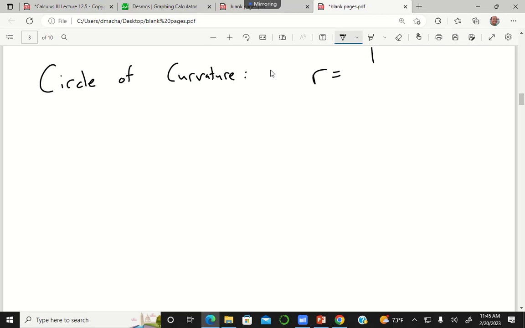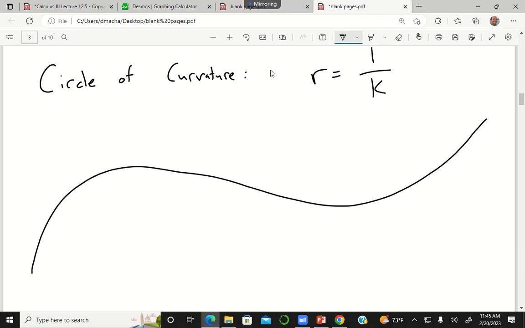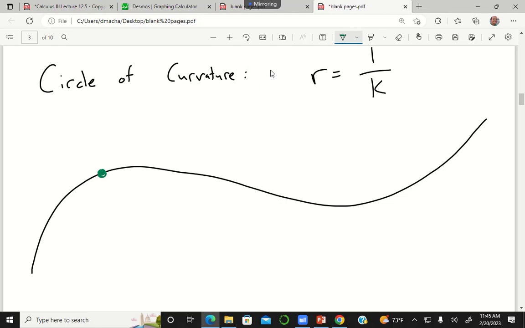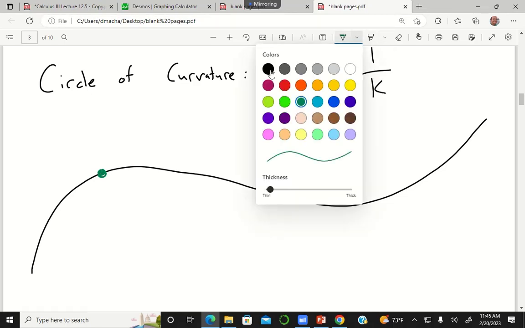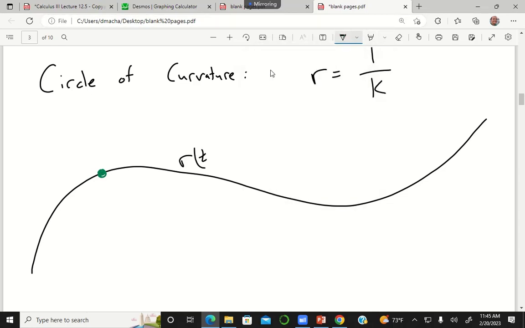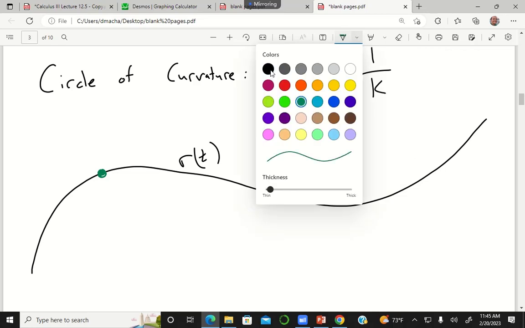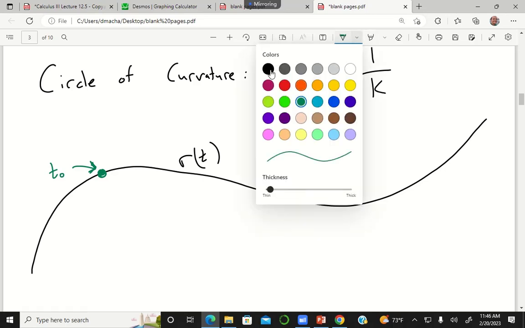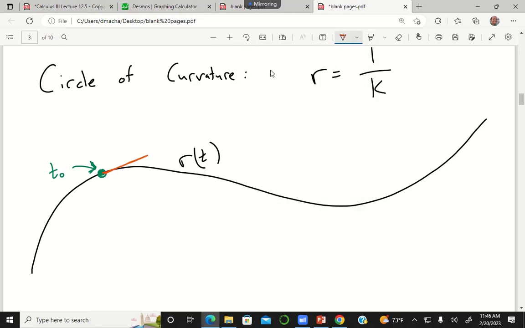It has radius 1 over k. Where is the center of the circle of curvature? Well, if you have this curve, I'm going to call it r of t, and this point along the curve is the point, call it t0. It's going to be the radius times the normal vector.